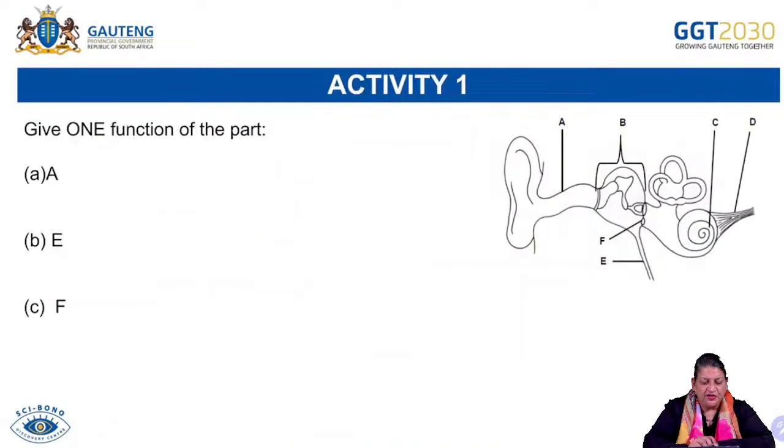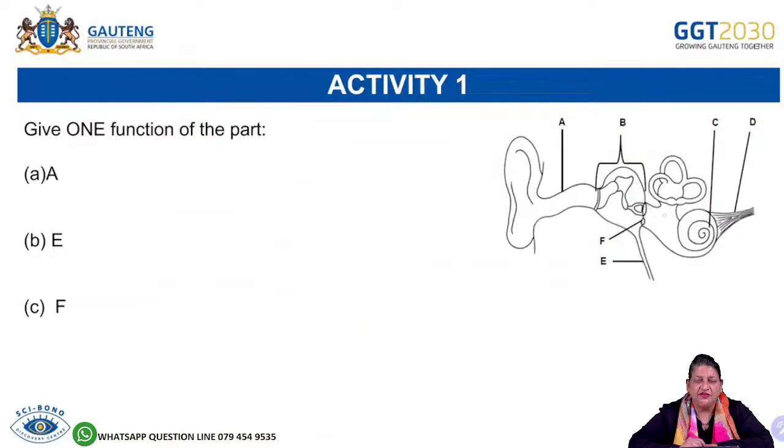So give one function of part A. What will that be? Good, the auditory canal. E, what will that be? The one that drains away the fluid and equalizes pressure on either side of the eardrum, and it also connects the pharynx. It connects the middle ear to your throat.